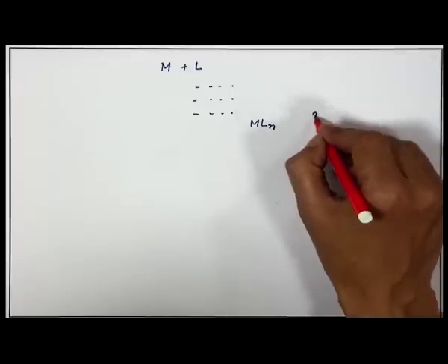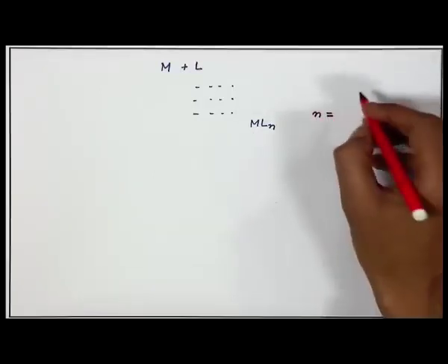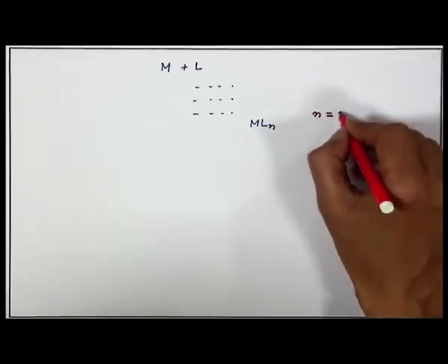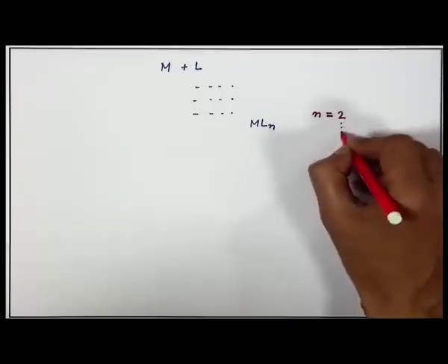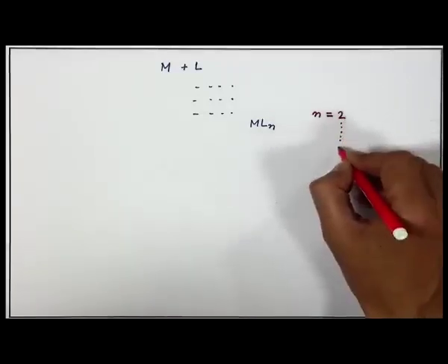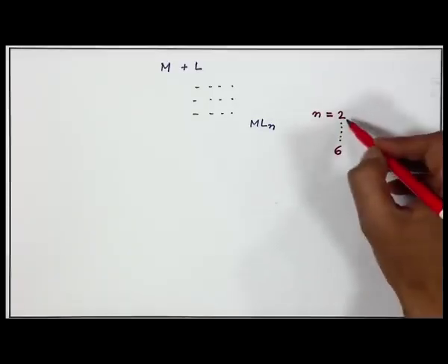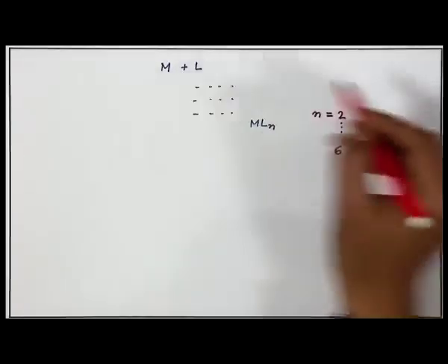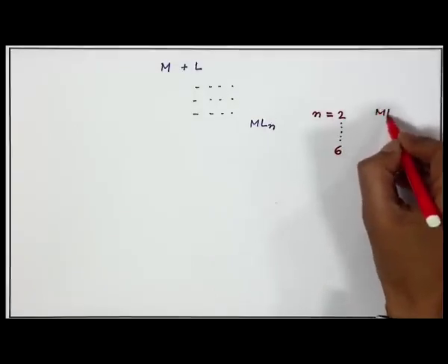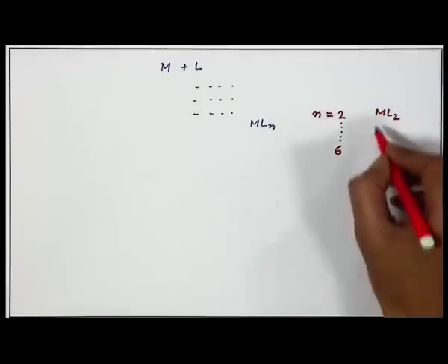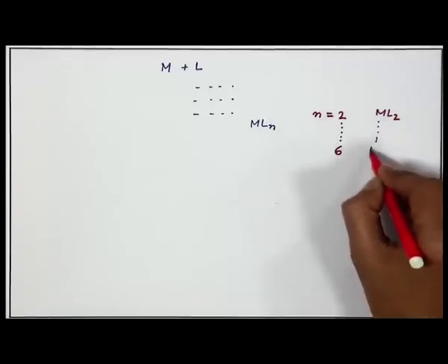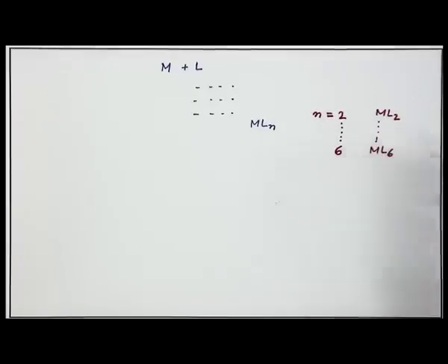And this n value, we know, for a simple coordination number of 2, can be 2, or it can go to the most accessible case, which is the coordination number of 6. So, having a coordination number of 2 we get a species which is ML2, and when we get like this we get ML6.